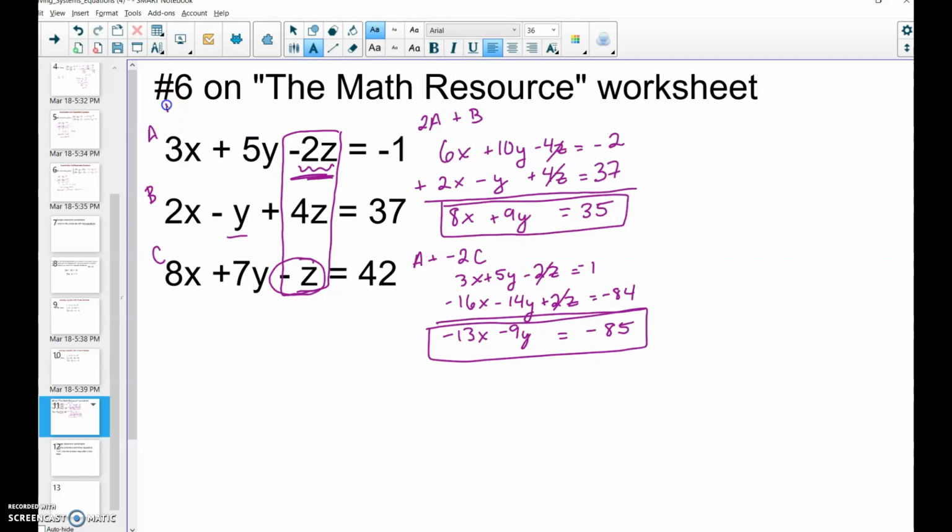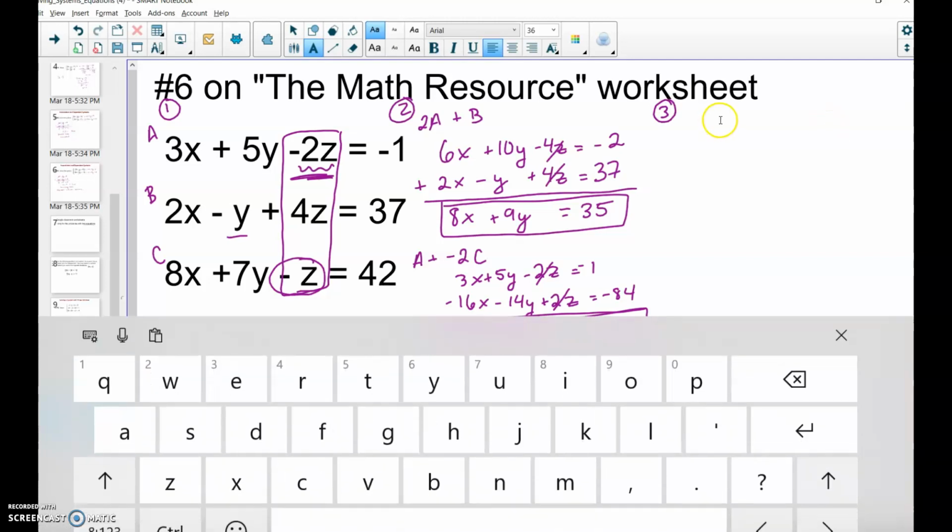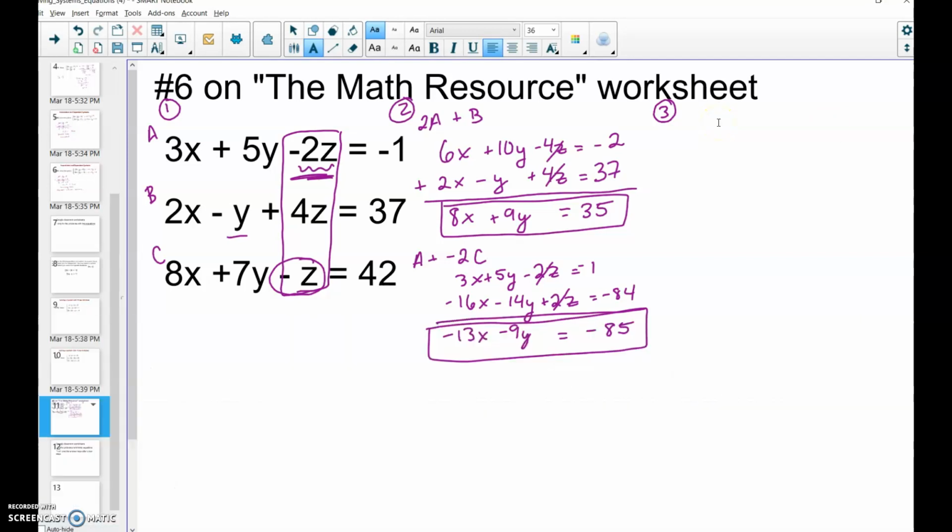So this here was step 1. This was step 2. So step 3, I'm actually going to combine the two equations, and I want to solve for a variable. So it's going back to the original values. I'm just going to write them again.